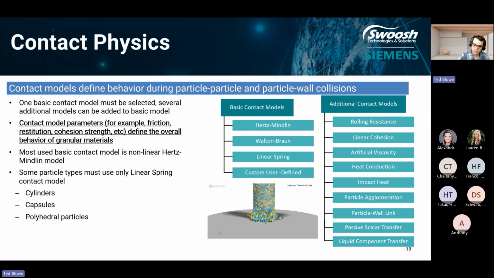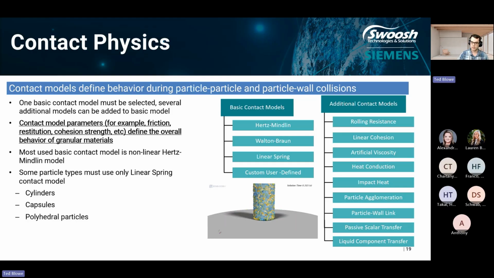And then finally, the last basic model is the user-defined contact model. And this is an advanced model that allows you to define the contact forces as a field function. And this can be a vector field function.